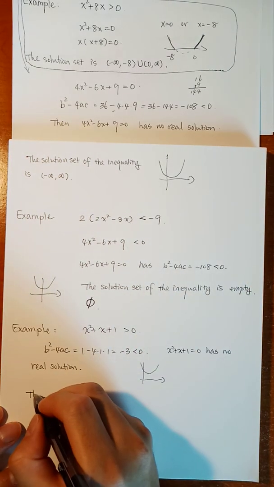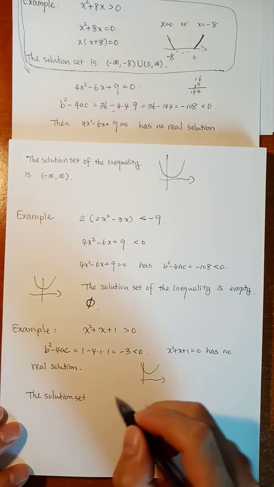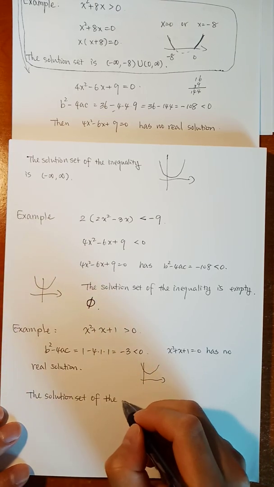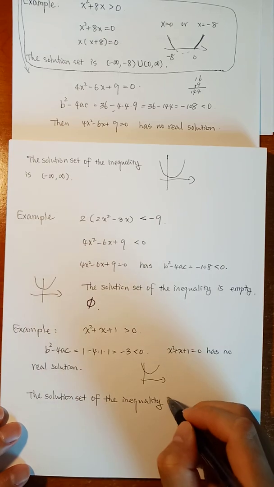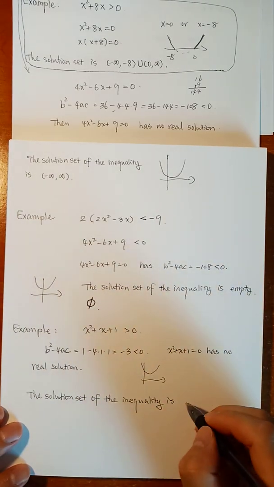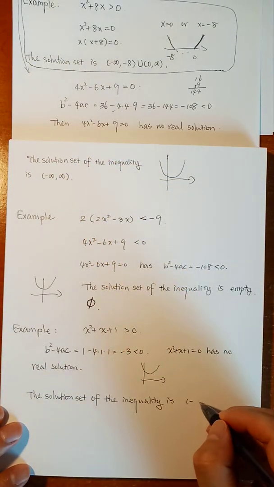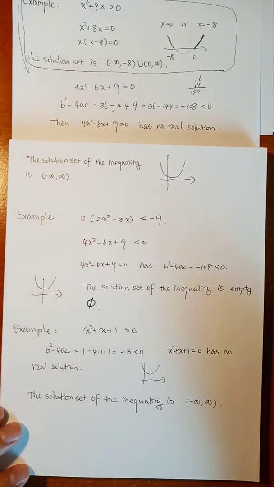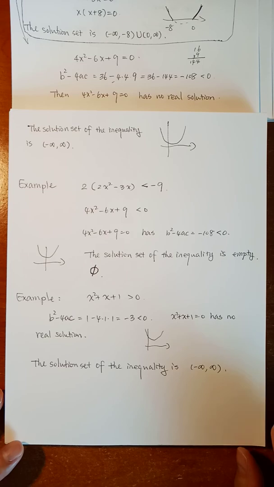So the solution set of the inequality is the set of all real numbers, everything: negative infinity to positive infinity.